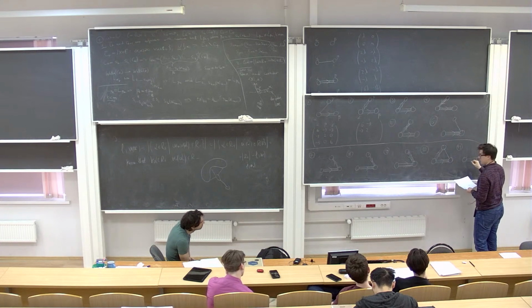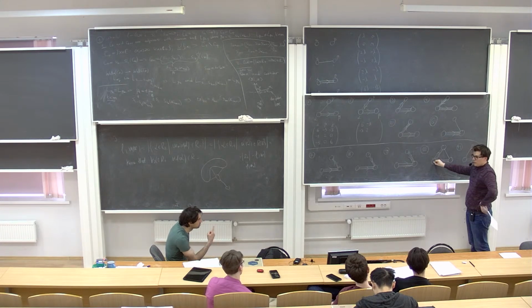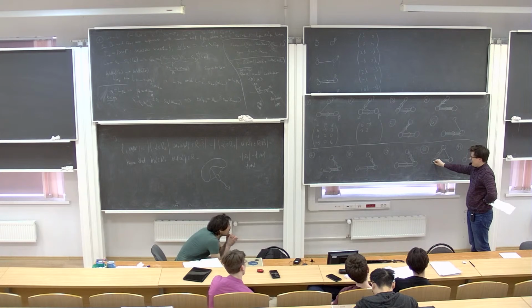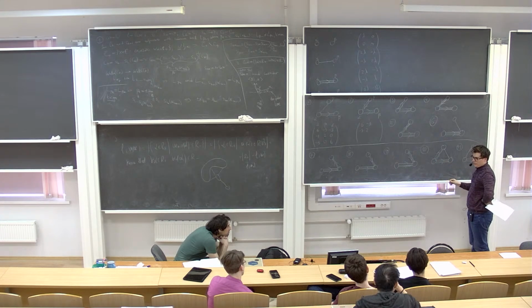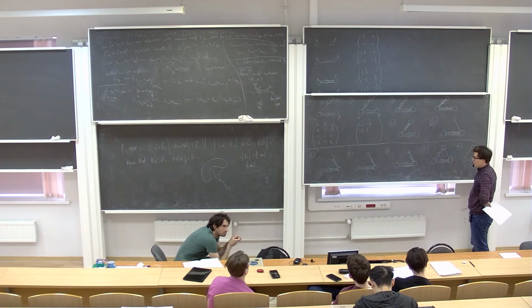Can you explain this a little bit more? Assume the square of the length of this root is x. Then the square of the length of this root is x divided by 3, and this is also x divided by 3, and they must be equal.